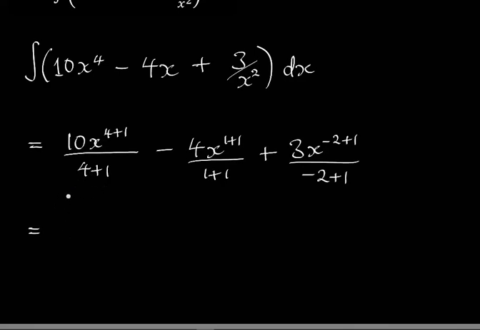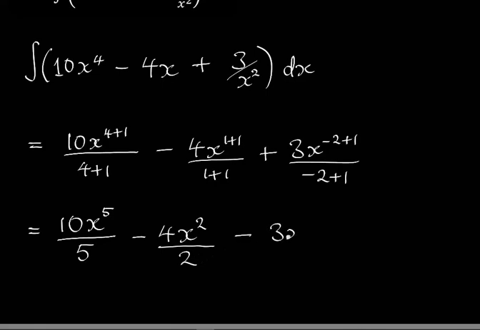When we simplify, we're going to have 10x to the power 5 divided by 5 minus 4x to the power 2 divided by 2 minus 3x to the power negative 1 divided by 1. Already gotten rid of that negative. I hope that also never confused you.